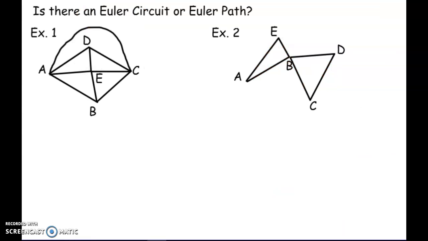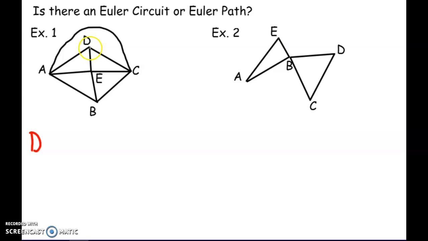All right, example 1. Would this be an Euler circuit or an Euler path? So what we want to do is pick a point to start at. There might be more than one way to pick a starting point, but we're going to pick D. So we want to cover all of these edges by connecting all the vertices, but you can only trace an edge once.